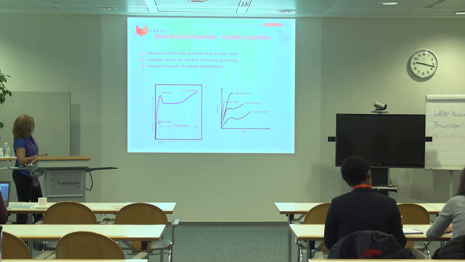And in most materials, we have these two different regions that we designate the elastic region up to the yield point, and the plastic region afterwards up to the point of rupture.